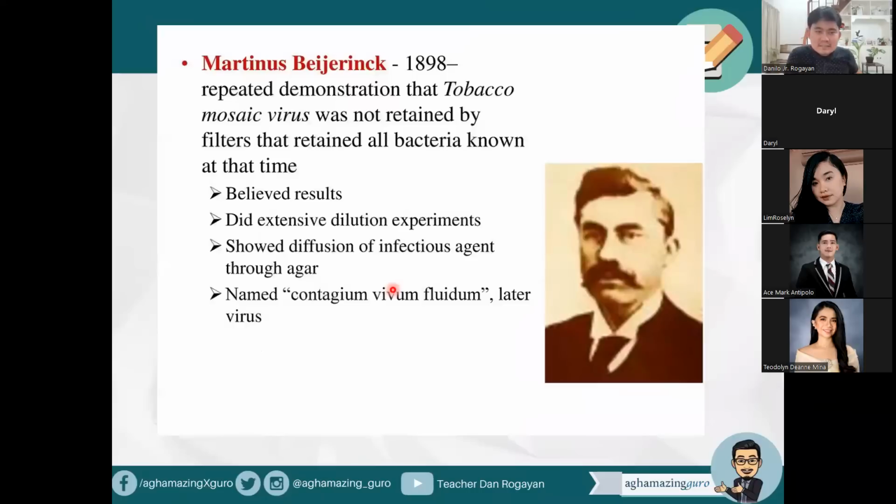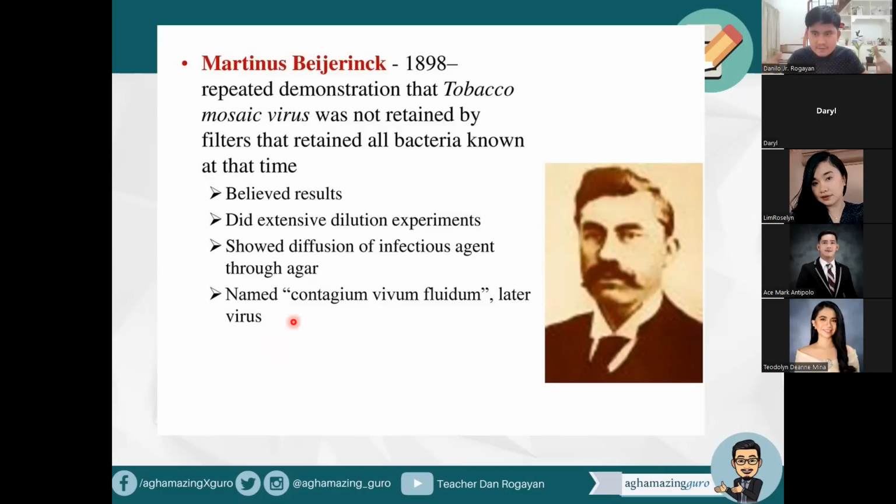So, sino si Martinus Beijerinck? So in 1898, he did a repeated demonstration that tobacco mosaic virus was not retained by filters that retained all bacteria known at the time. So he believed the results, did extensive dilution experiment, and showed diffusion of infectious agent through agar, named Contagium vivum fluidum, na ngayon ay alam na natin virus.